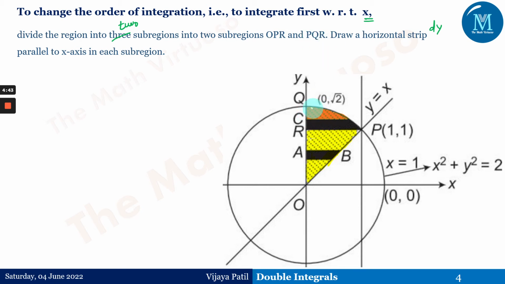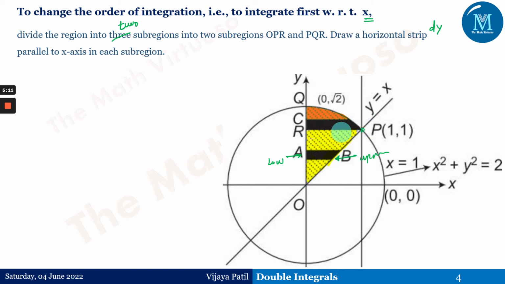If you observe here, the two different colors I have shown, because of the point P over here, 1 comma 1, this region is getting divided into two parts. For the change of order of integration, we have to take the strip parallel to the x-axis, and the lower and the upper end of the strip have to be on the same curve. Till the point P, the lower end is on the y-axis and the upper end is on the y equals x line.